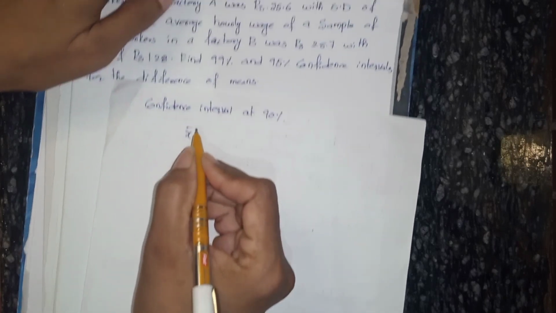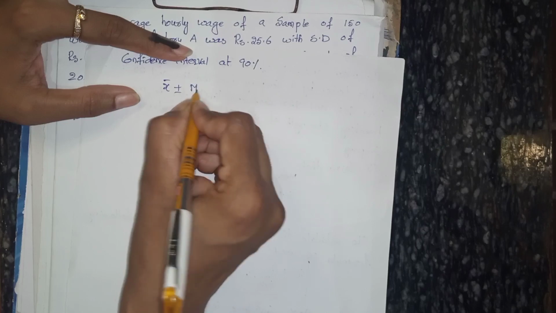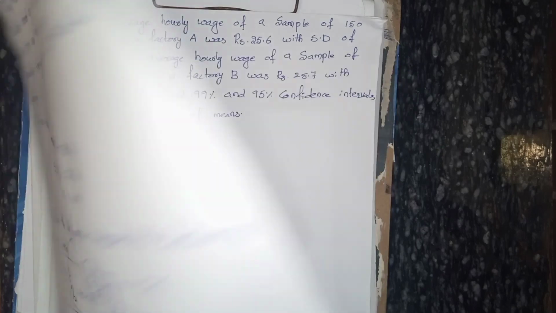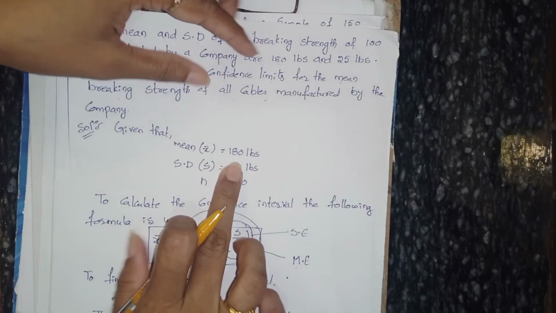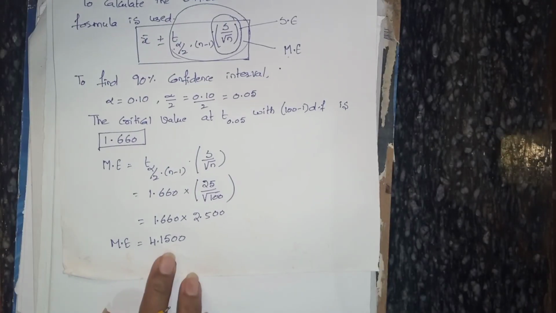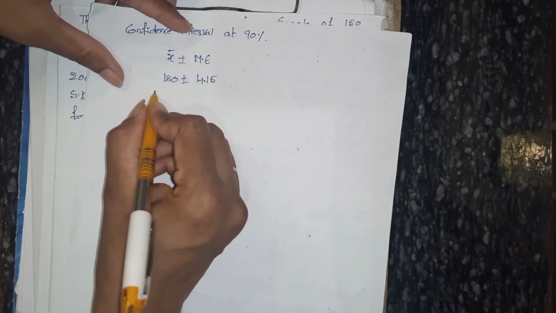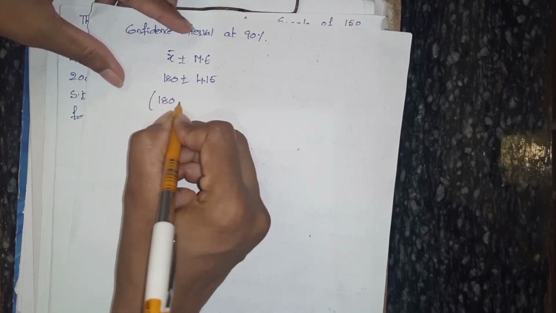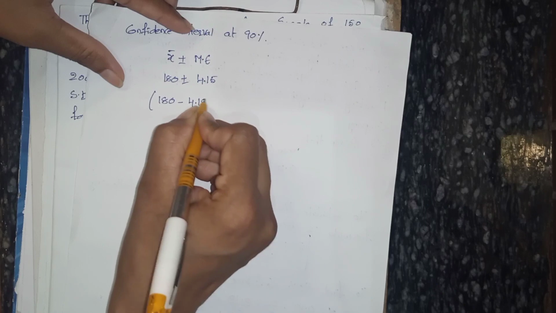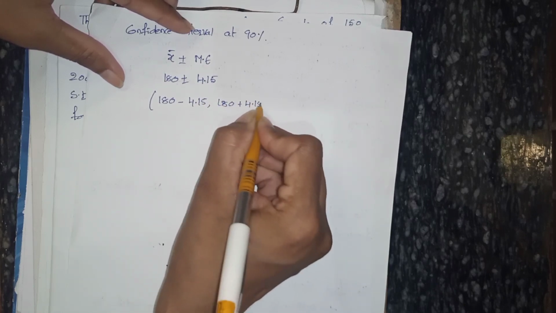X bar here is 180, plus or minus the margin of error, which is 4.15. So we can write this as 180 minus 4.15, comma, 180 plus 4.15.